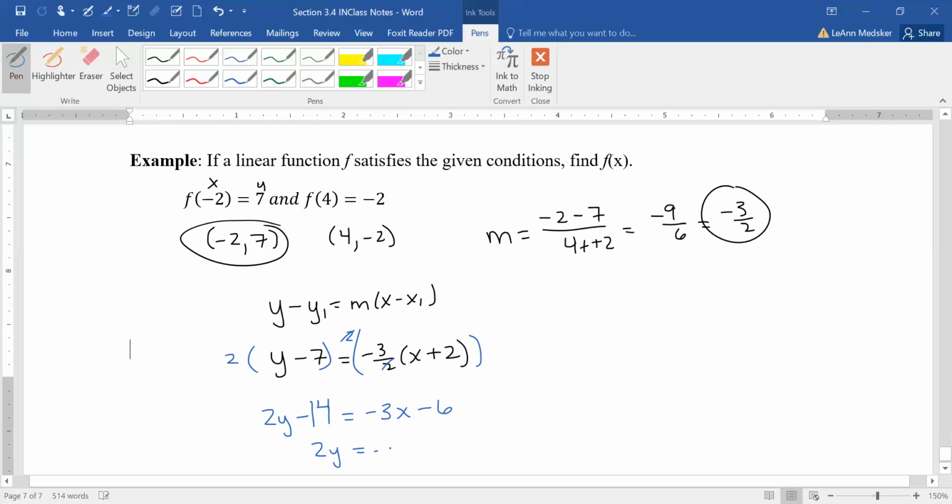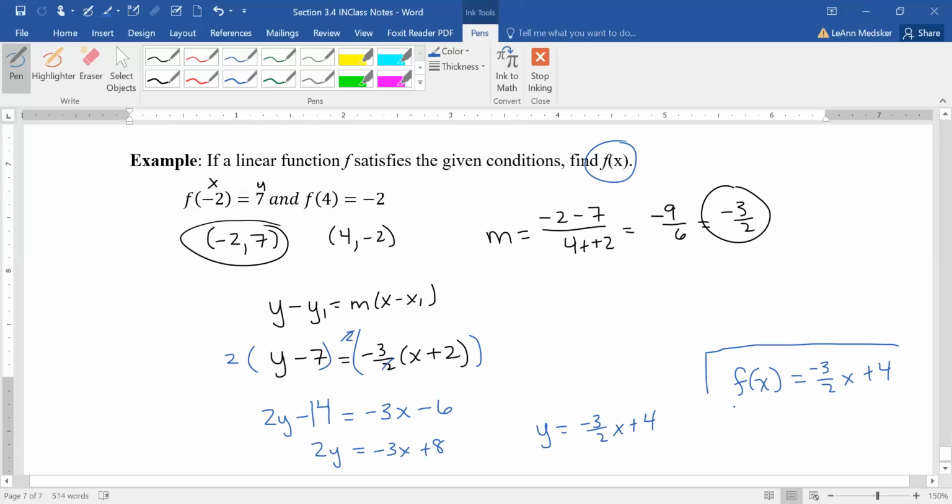Add the 14 over. It's going to be positive 8. Divide everything by 2. And then we write it as a function because they did say write f of x. So f of x for this specific set of ordered pairs is f of x equals -3/2 x plus 4.